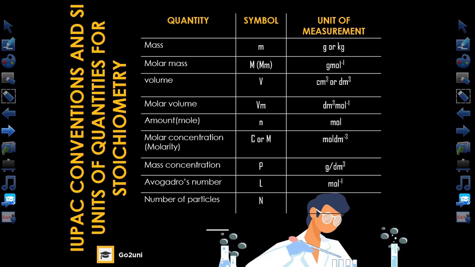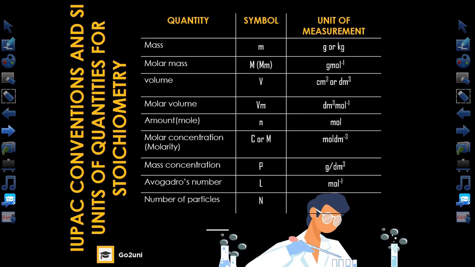Mass has the symbol m, and its unit is gram or kilograms. Molar mass is measured in gram per mole. Volume can be in cm cubed or dm cubed. Molar volume is dm cubed per mole.